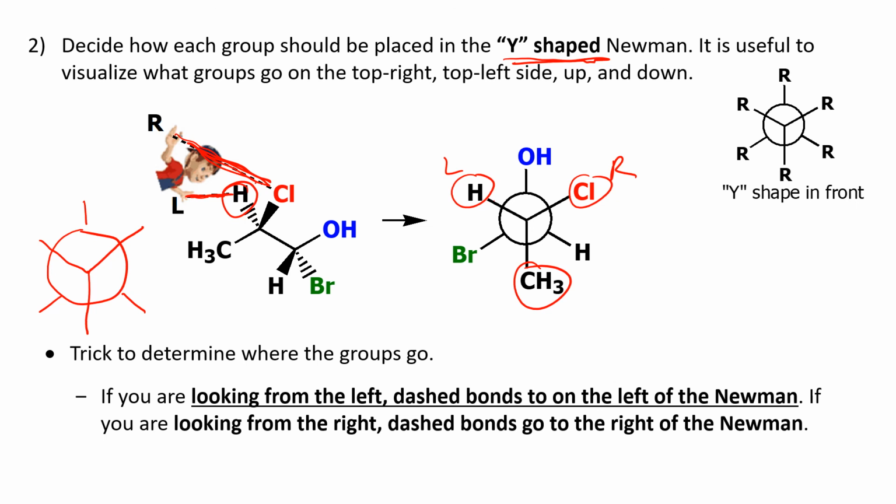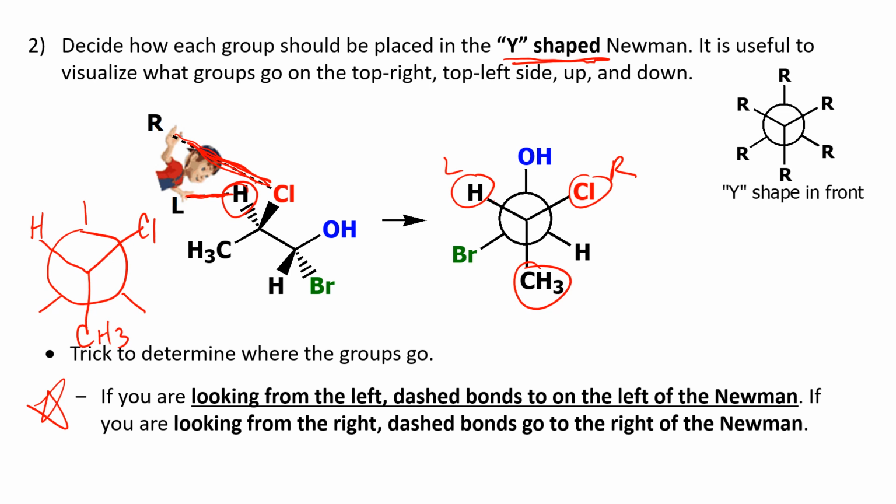So all we're trying to do is to fit our groups into the correct position. So we have our hydrogen on the left, our chlorine on the right, and our CH3. Okay, so if we're looking from the left, this is a great trick. If you're looking from the left, the dash bonds will be on the left. Front carbon's good to go.